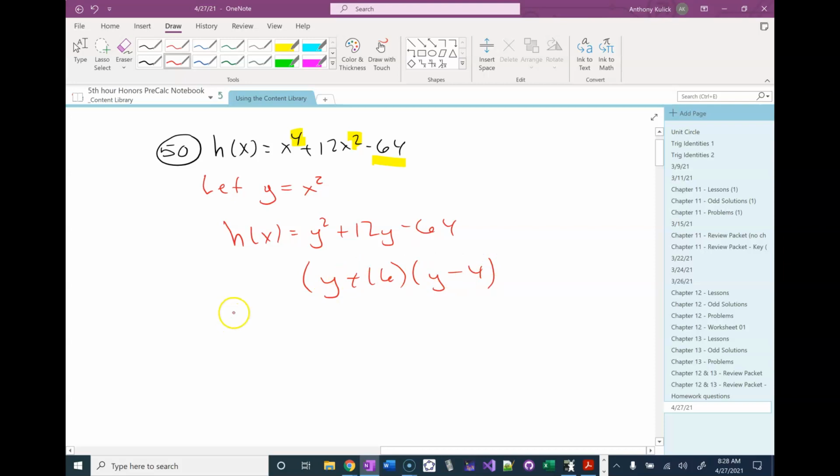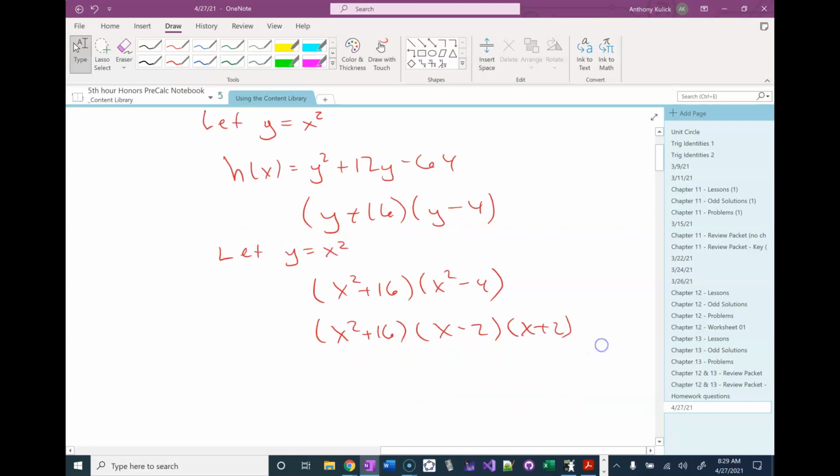And then I can substitute back in my x squared. So the x squared plus 16 can't factor anymore because that's a sum of squares. Can't factor sum of squares. But the x squared minus 4 can. And then if I set that equal to 0, I get 2, negative 2, and then plus or minus 4i.